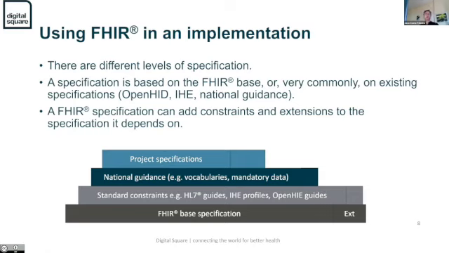So we start adding constraints. So there are global constraints like HL7 guides, IHE profiles, OpenHIE guides. Those things, they are profiles on FHIR, and they say, well, you can do everything, but for this use case, you should do this. And then you can have, on top of that, national guidance. You can say, in this country, you must use this vocabulary, so these code sets.